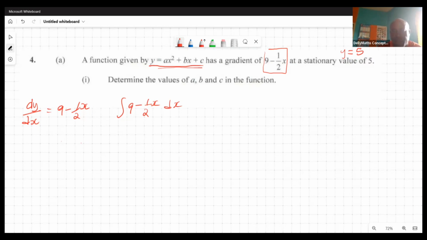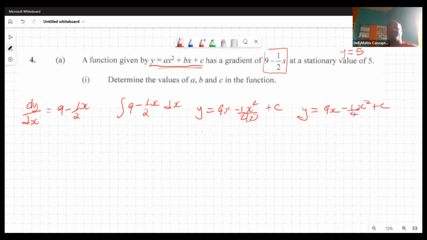If I integrate this, y is going to equal the integral of 9, which is 9x. The integral of this is going to be minus a half x squared, and then I divide by 2 again. And then there is a plus c. So let me rewrite this. We have y is equal to 9x minus 1/4 x squared plus c.